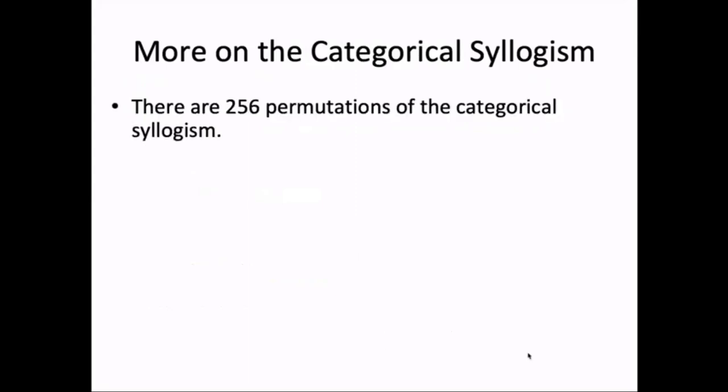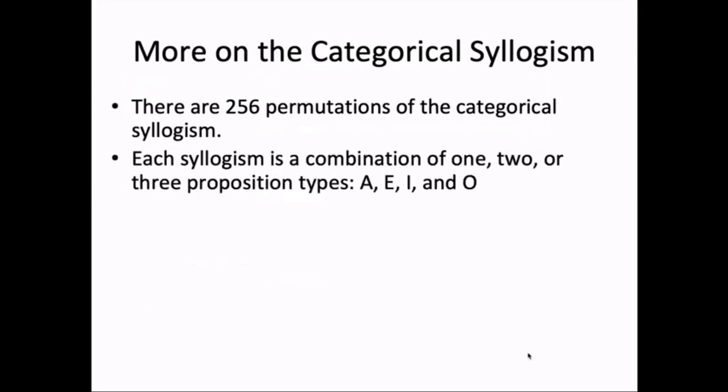Here are a couple more things to think about when you're thinking about the categorical syllogism. One is there are 256 permutations of the categorical syllogism. Each syllogism is a combination of 1, 2, or 3 proposition types. That is, a syllogism is either 3 iterations of an A proposition, an E proposition, an I proposition, or an O proposition, or some combination thereof.